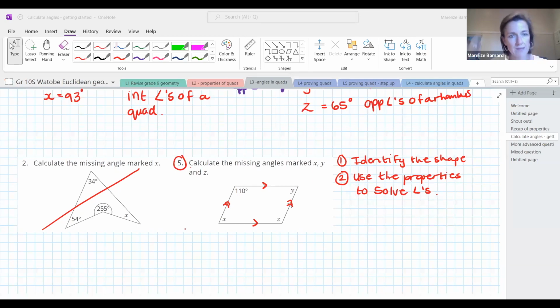How many reasons do you need to prove what type of quadrilateral it is? Just one, the defining characteristic that I talked about, the DNA of the shape.